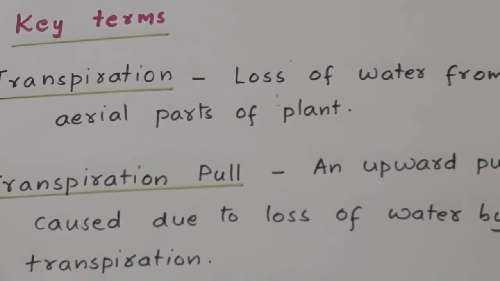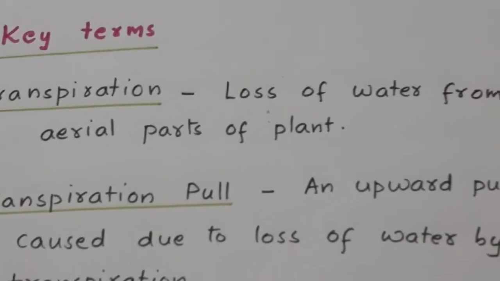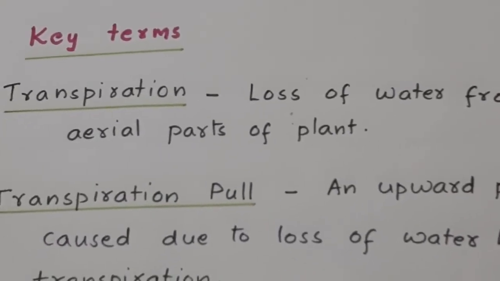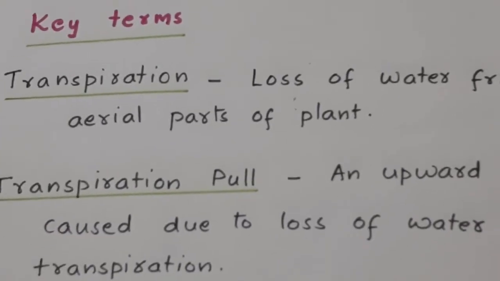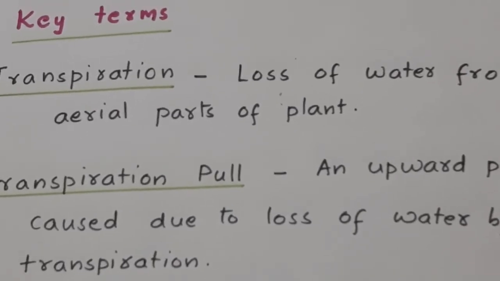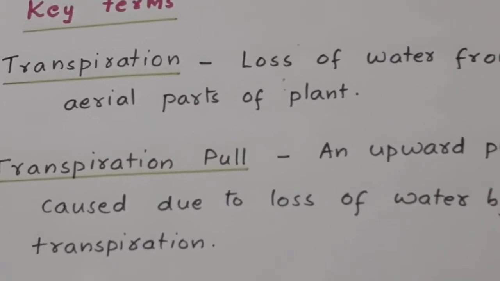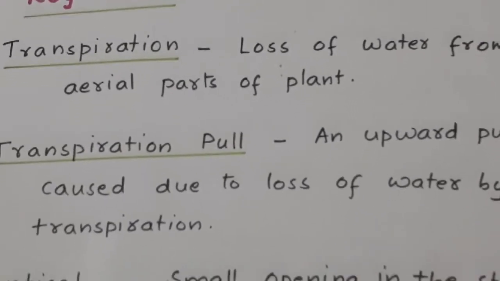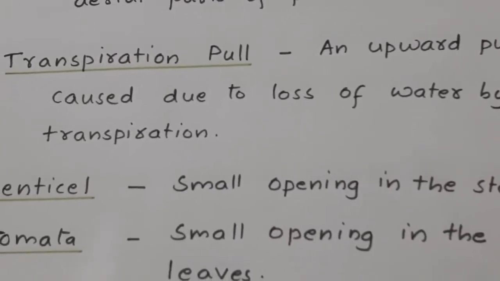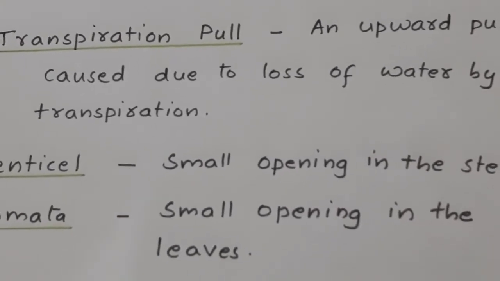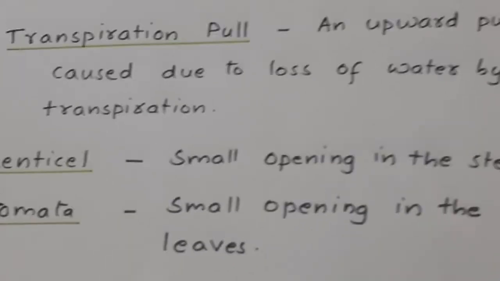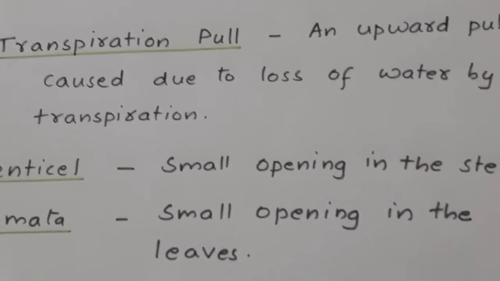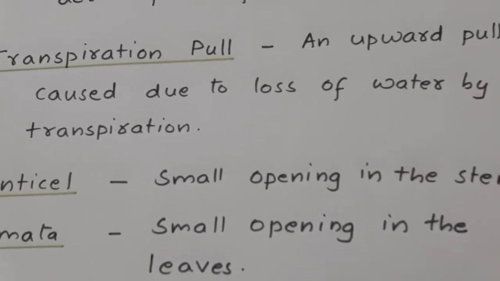Now we will see some key terms of this topic. The first key term is transpiration: loss of water from aerial parts of plant. Simple. You can study it in one sentence. Then transpiration pull: an upward pull caused due to loss of water by transpiration.